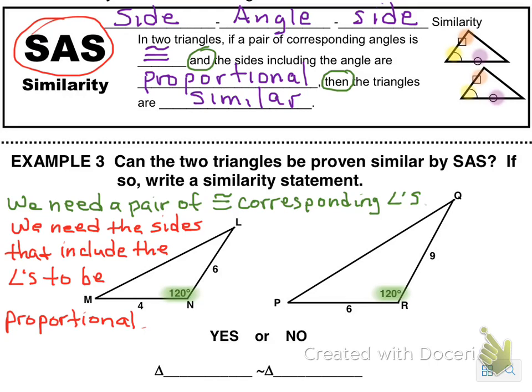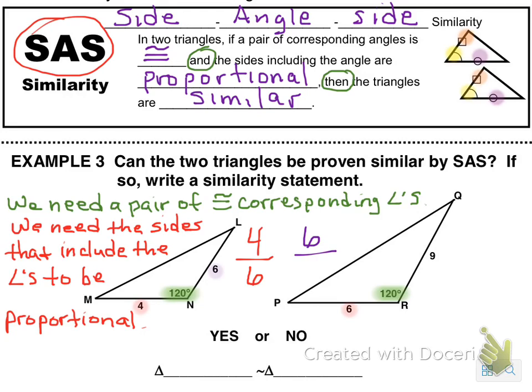Well, we'll need to find some sides that correspond that have numerical value. And I notice that MN has a value of 4, and corresponding to MN is PR, which has a value of 6. And so we write a ratio of 4/6.